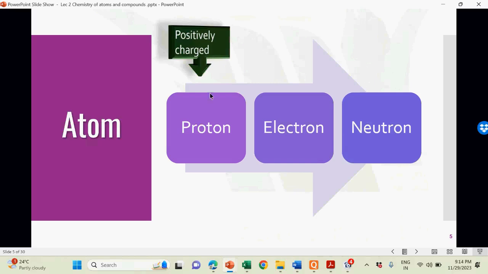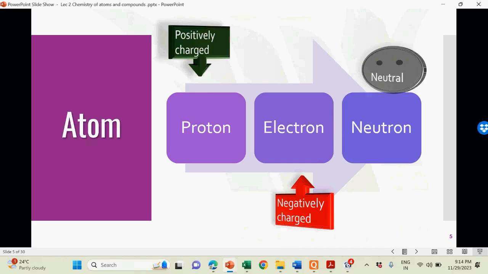The electrons in the outer energy shell are negatively charged, and the neutrons are neutral. In other words, they possess neither positive nor negative charge. And this is why they are neutral.